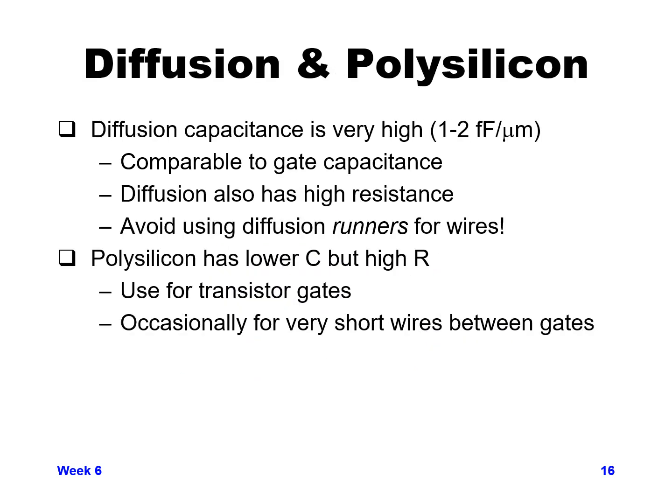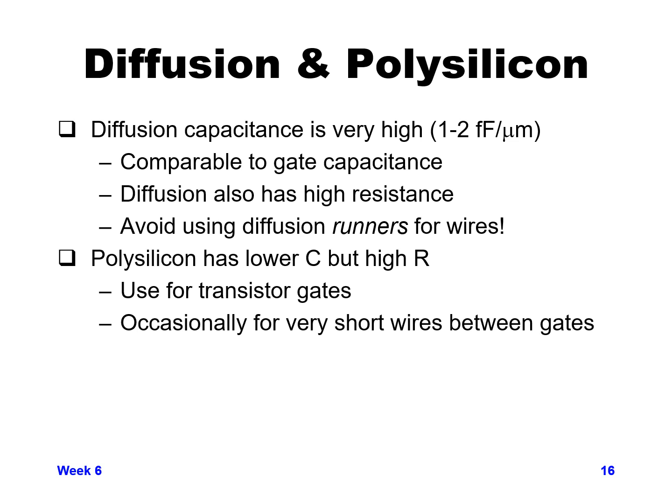Now, in addition to your metal wires, the diffusion areas of your transistors and the polysilicon of your transistors also have resistance and capacitance to them. So some notes about those values.